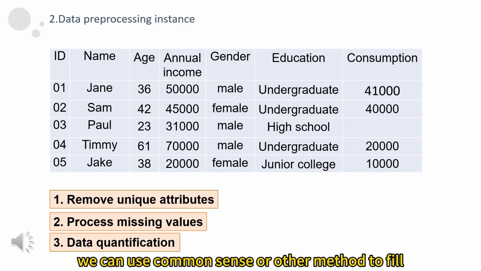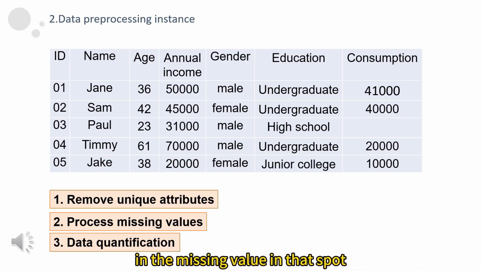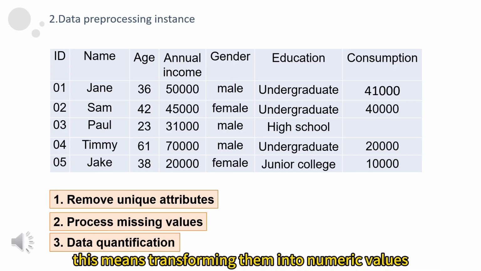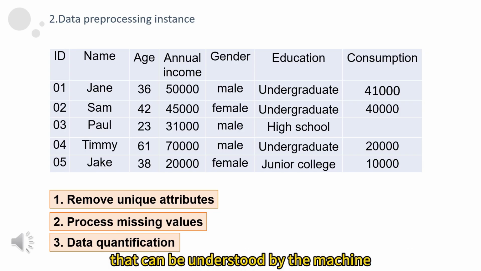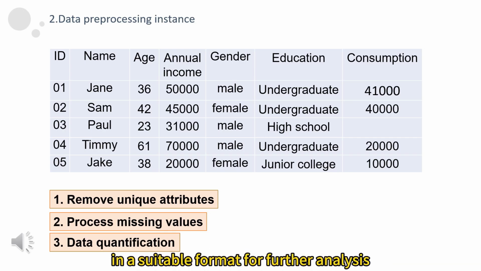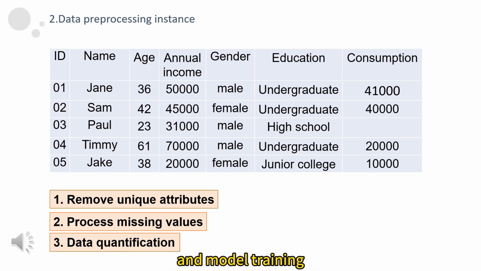We can use common sense or other methods to fill in the missing value in that spot. Then we proceed to encode categorical variables in the data set. This means transforming them into numeric values that can be understood by the machine. By following these data processing steps, we can ensure that the data is in a suitable format for further analysis and model training.